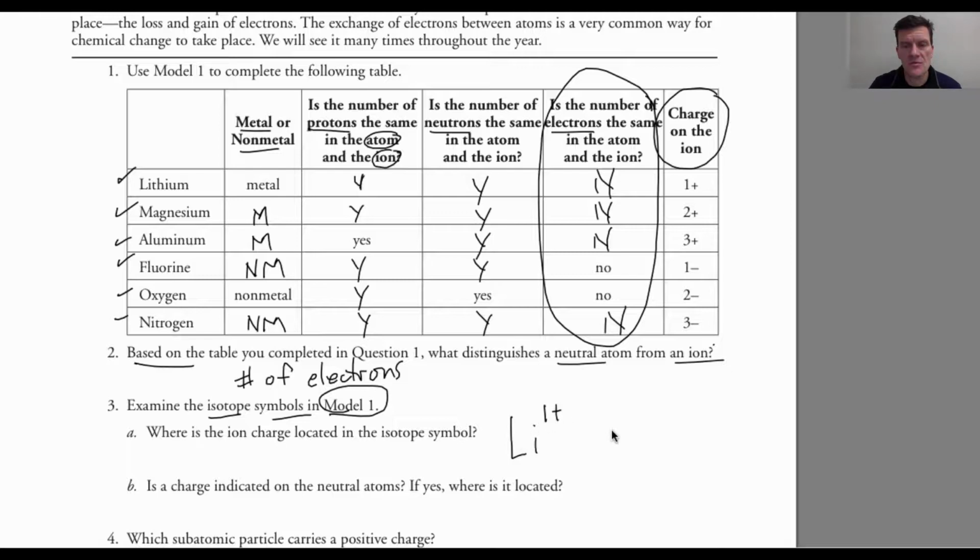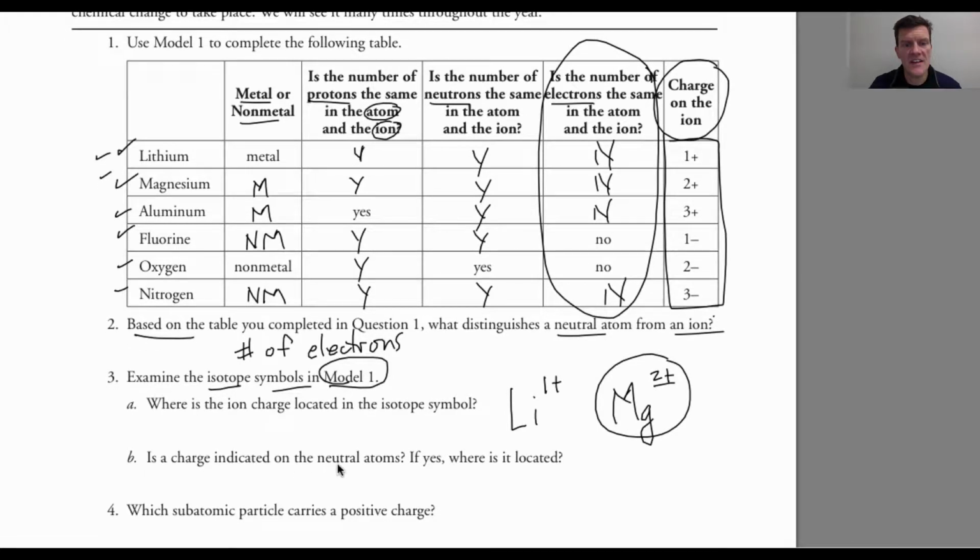So lithium +1 or magnesium with a +2. And you don't necessarily have to write the atomic mass and the atomic number. You may just see the ion written just with the charge alone, like that raised number to the right of the symbol. And you'll notice that you're given all of the charges right here for each of these elements.